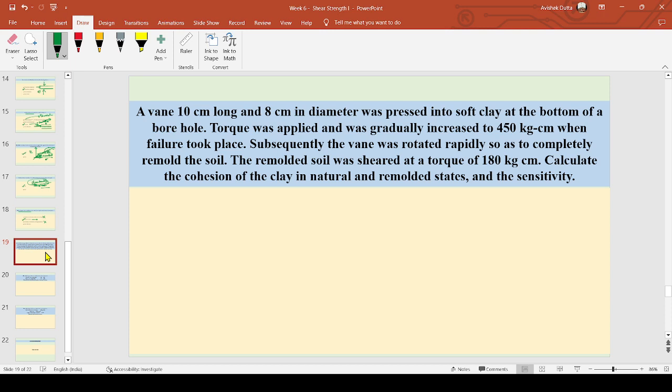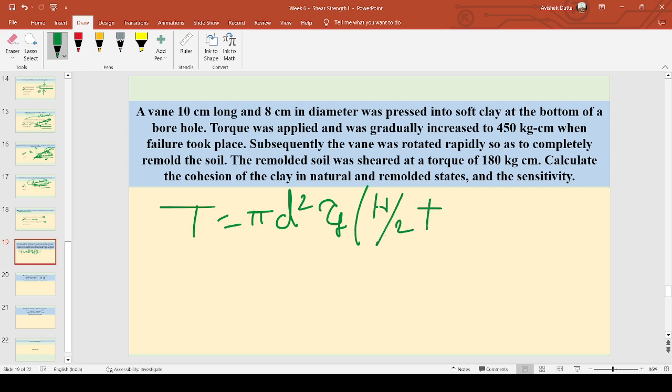So we can consider that the top and the bottom of the vane are completely inside the soil, and we can use the formula: torque equals pi d square tau f into h by 2 plus d by 6.